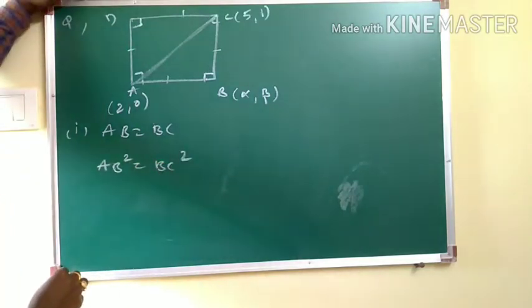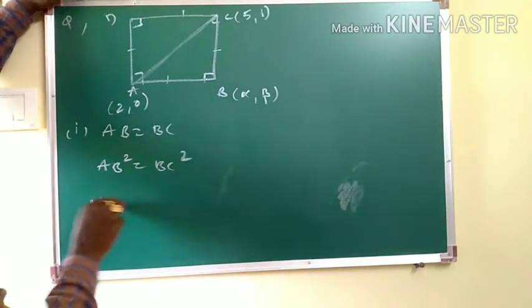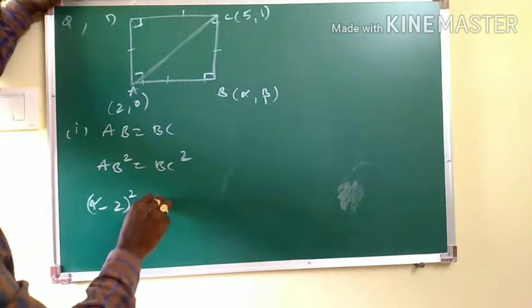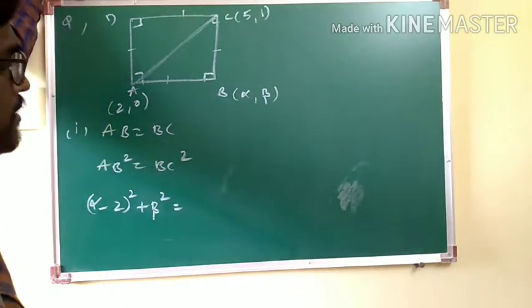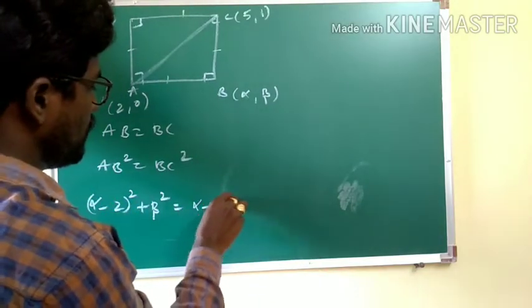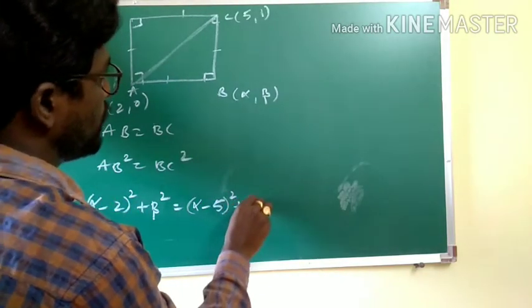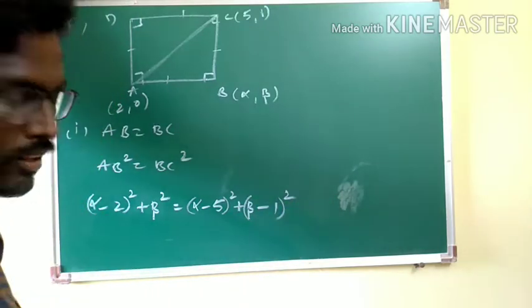What is AB square? With the distance formula, alpha minus 2 whole square plus beta minus 0 whole square, that is beta square, is equal to BC square. What is BC square? Alpha minus 5 whole square plus beta minus 1 whole square. Fine.